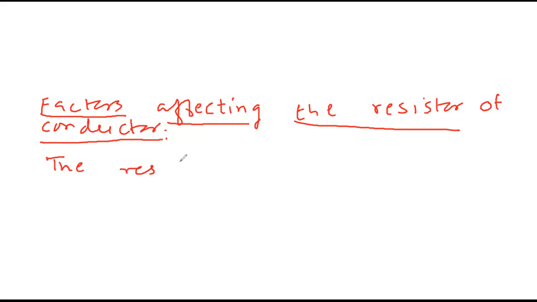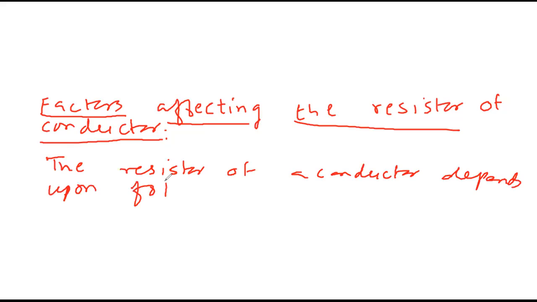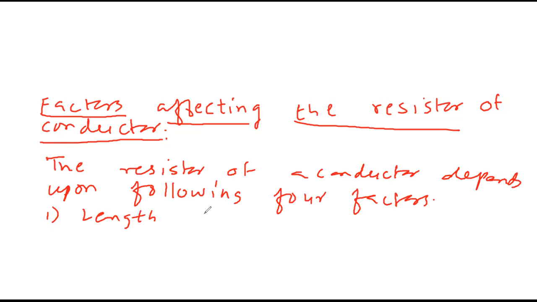The resistance of a conductor depends upon the following four factors. First, length of conductor.